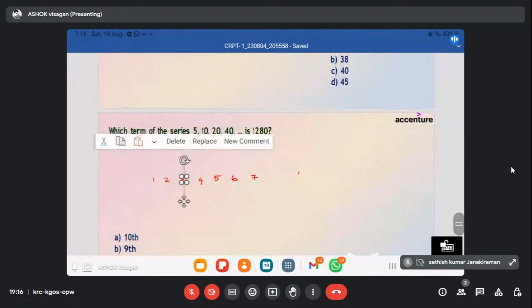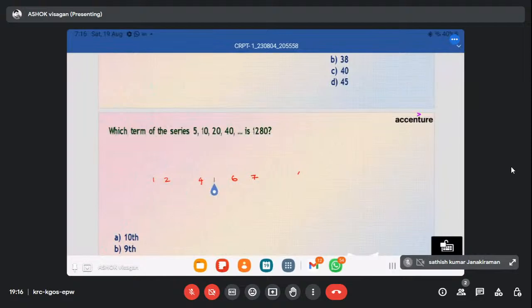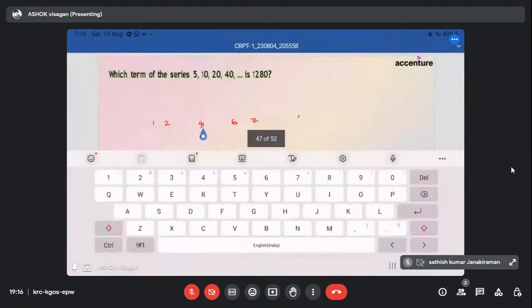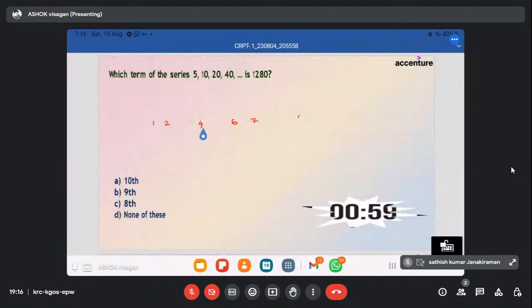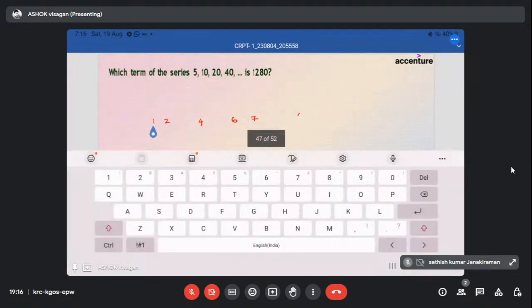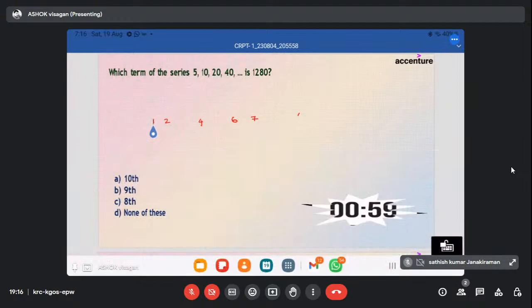And can you tell me what is the answer for this one? Okay, fine. What term of the series 5, 10, 20, 40 is 1280? 1280 is what number of the term?